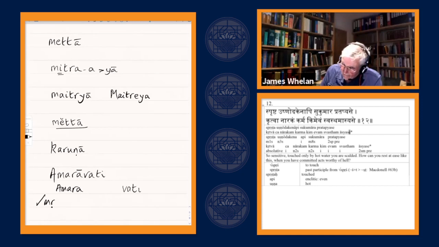Vati is a feminine form of the adjective ending in vant, meaning possessed of, having, but often means, particularly in older Vedic, the place where something is, the vati. And by a peculiarity of Vedic pre-Sanskrit phonetics, the a before a verb was often lengthened, so that's why it's come Amaravati, the abode of the immortals.